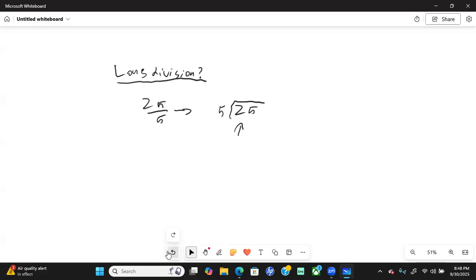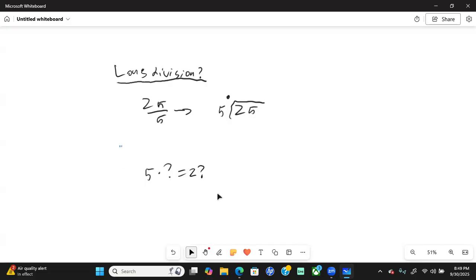Now the catch is we want to stay positive. So what number times 5 equals 2? Well, no number does, because 5 times 1 is 5, and 5 is greater than 2. Therefore, we cannot do it.